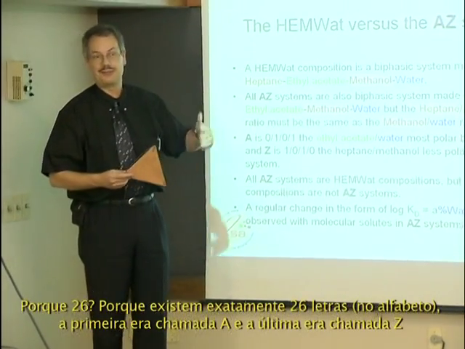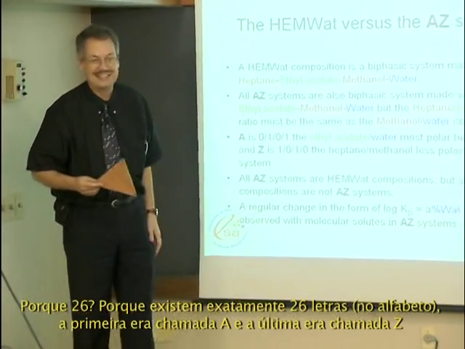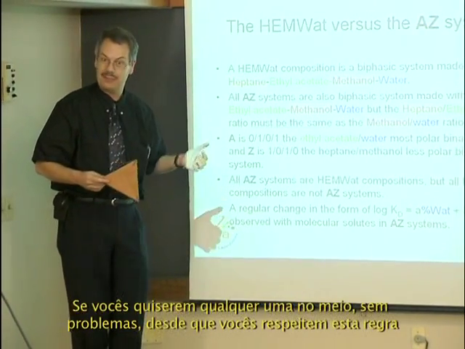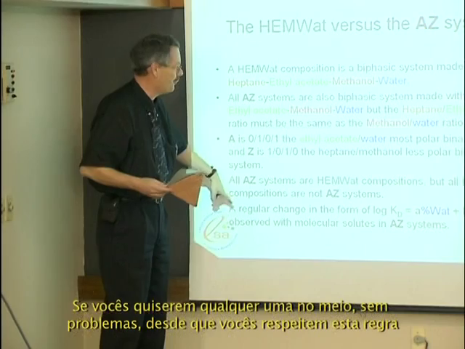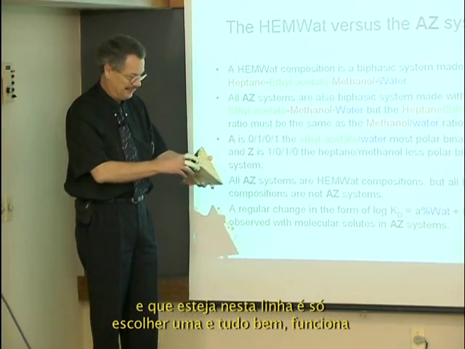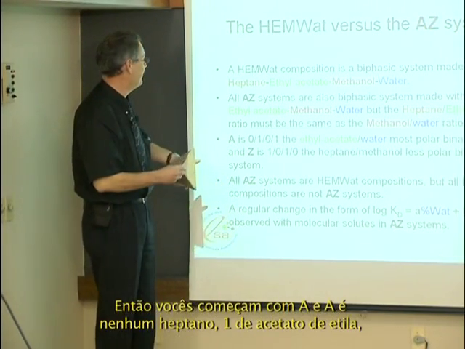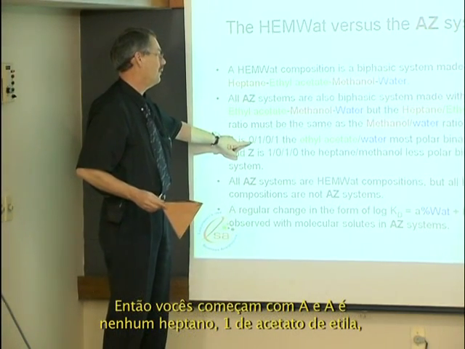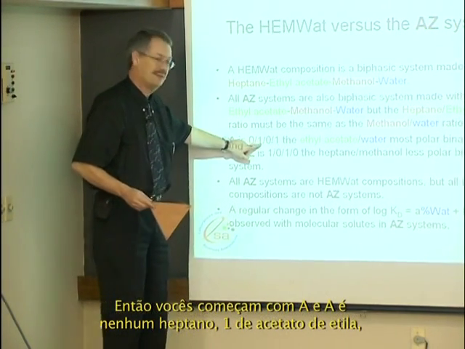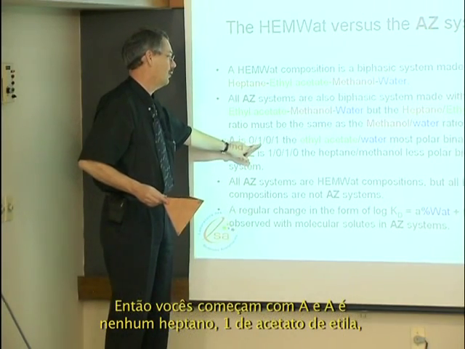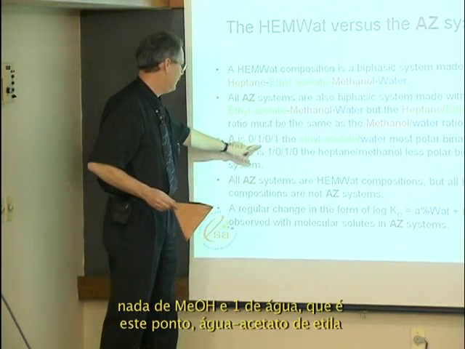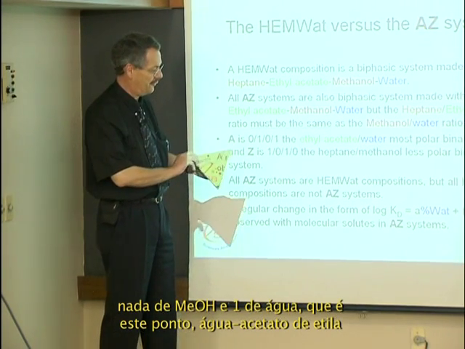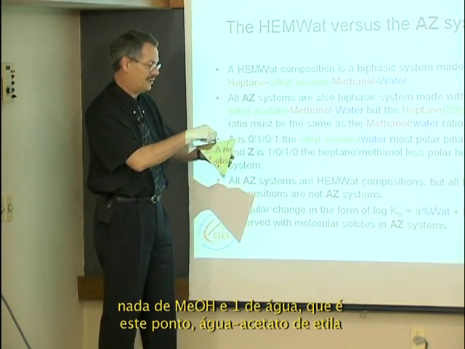The first one was called A, the last one was called Z. You want one in between, no problem. As long as you respect this rule, it belongs to that line and it works. So you start with A. A is no heptane, 1 ethyl acetate, no methanol, and 1 water. So that's this point. Water, ethyl acetate.